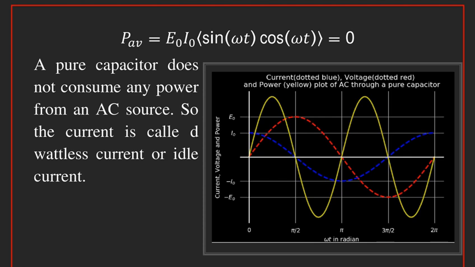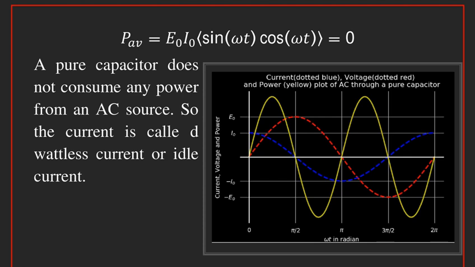The blue line represents the current, the red line represents the voltage, and the yellow line represents the power. In the first quarter the power is positive, and in the next quarter power is negative. In the third quarter it again becomes positive, and in the fourth quarter it again becomes negative, so that the average power is 0.